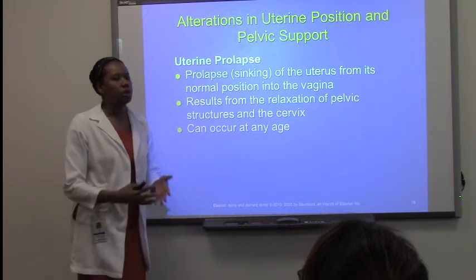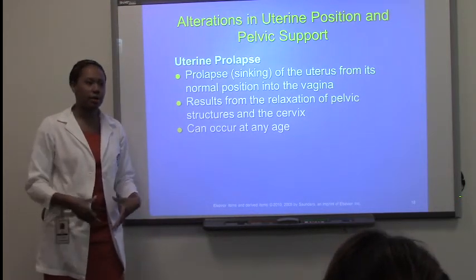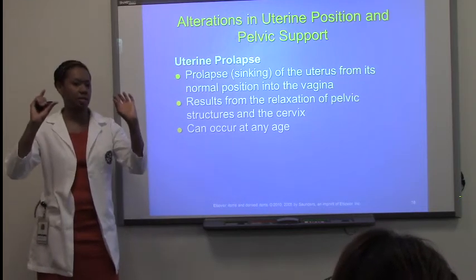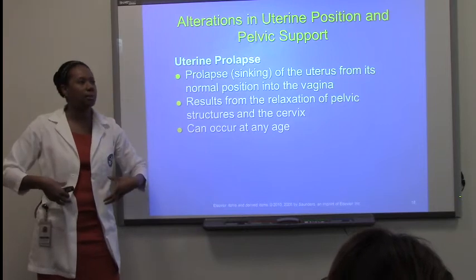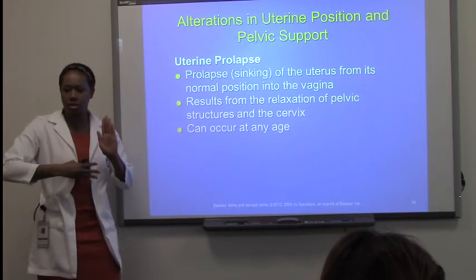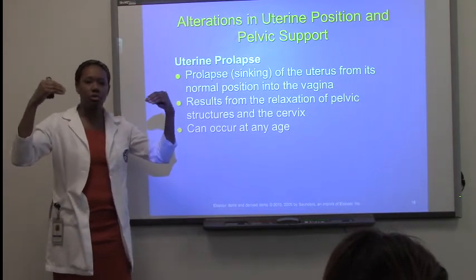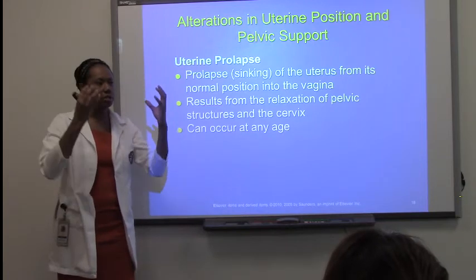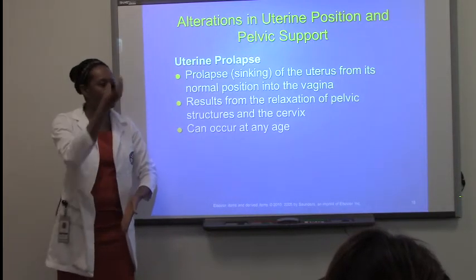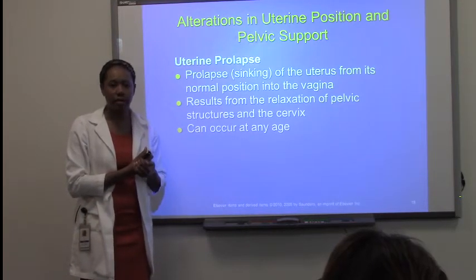The ligaments will get lax around that area of the uterus. Remember, the uterus is only suspended by ligaments. It's not held to the abdominal wall at all. It's not retroperitoneal, it's not stuck to the wall, it's just held by ligaments only. So when those ligaments get loose or lax, it will cause the uterus to drop into the next organ, which is the vagina.